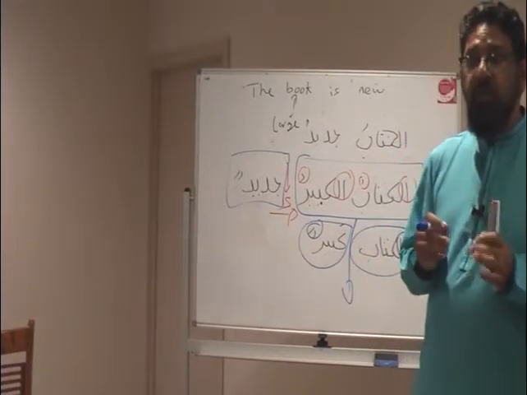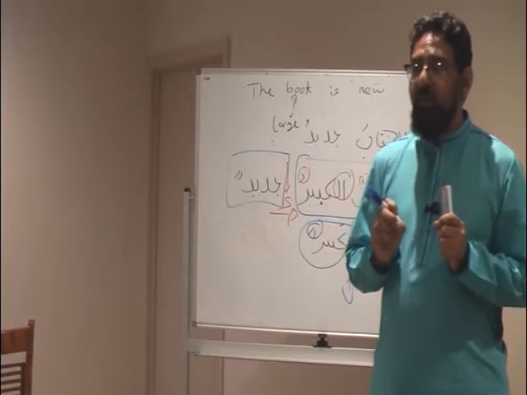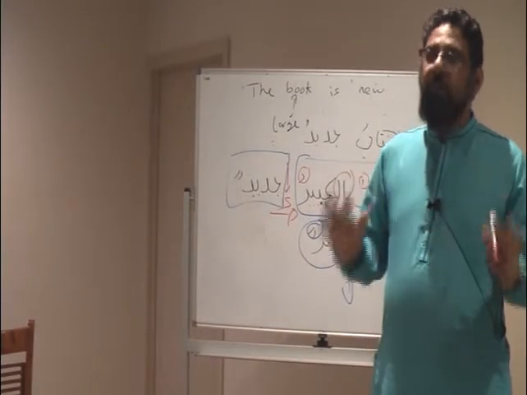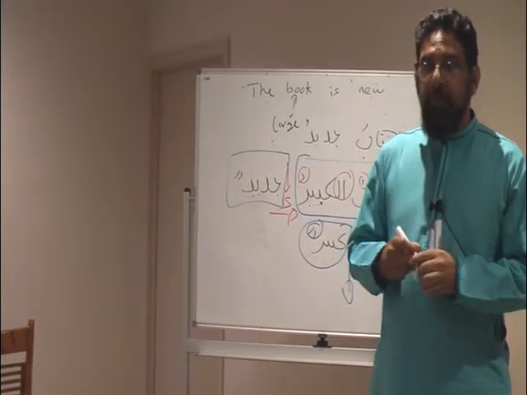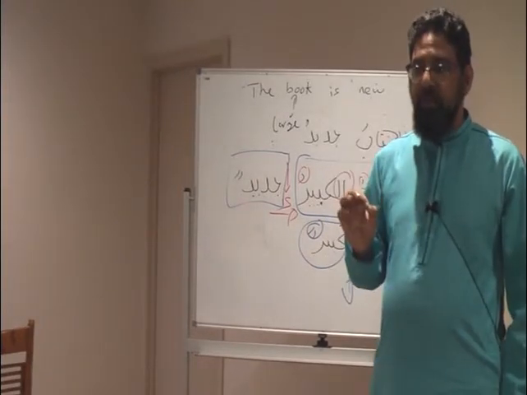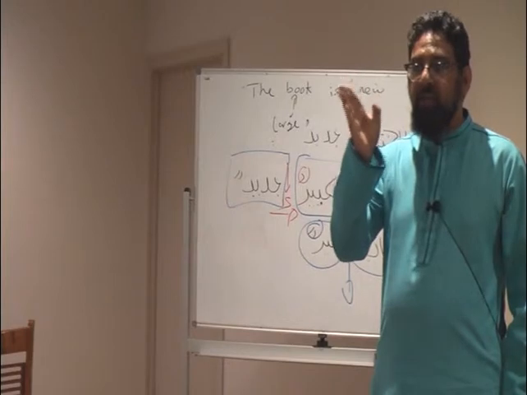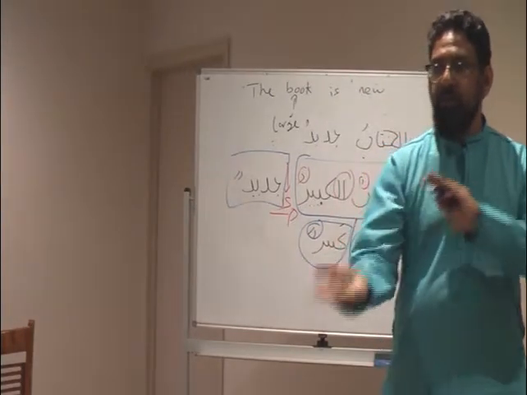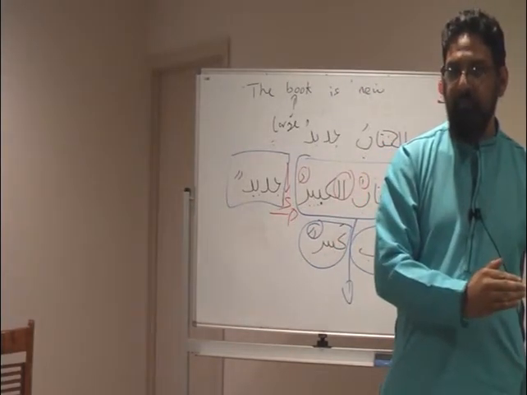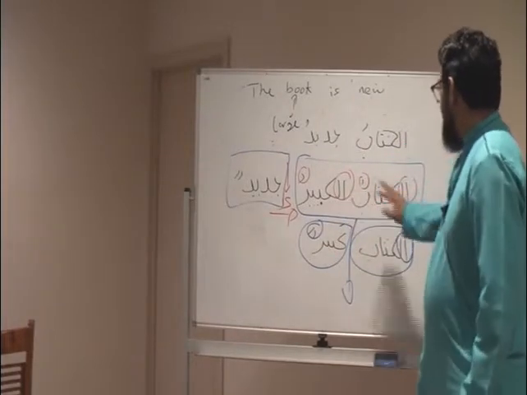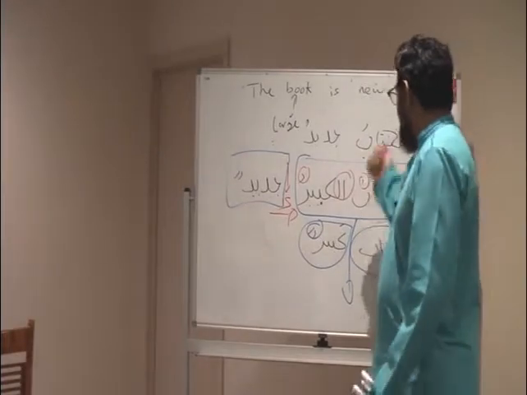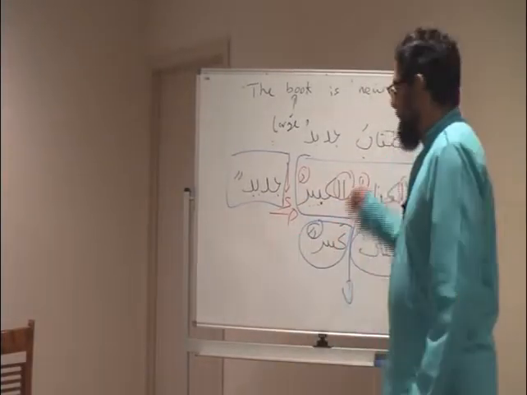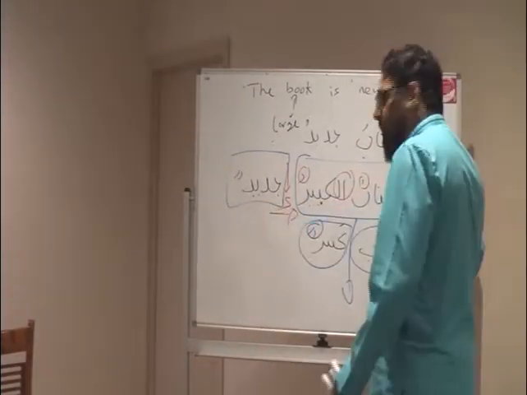I promise you, if you can grasp this concept, this is where people struggle with Arabic for many years, because they don't understand where the phrase relationship ends so that they can then put the khabar. If you just looked at these three words blindly without any grammar, kitab, kabir, and jadid, is it big new, or is it big book?